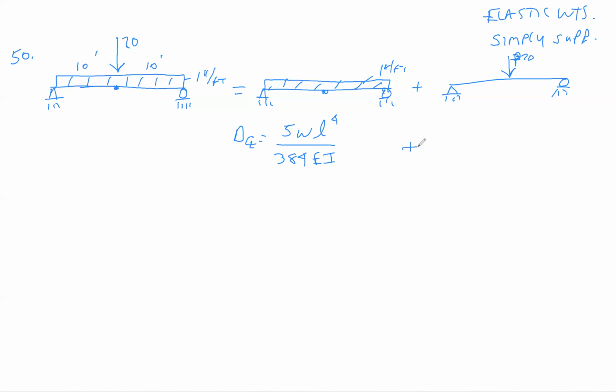And for a beam that's simply supported with a concentrated load in the center, it's PL cubed over 48 EI. Now, believe it or not, I didn't look at any references or textbook or notes to know those. Why? Because those are common, and so I remember those.